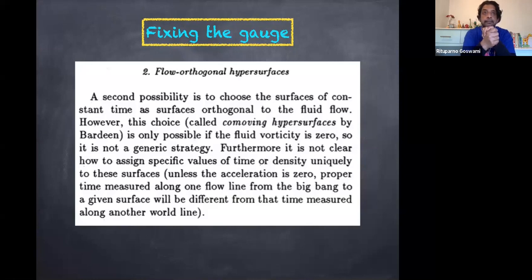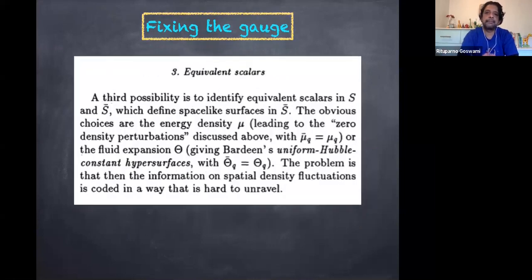But we know the fluid vorticity in the perturbed universe is definitely non-zero. So this strategy won't help much. Furthermore, it's also not very clear how to assign a specific value of time or density in this sort of gauge. So again, it's a problematic gauge.